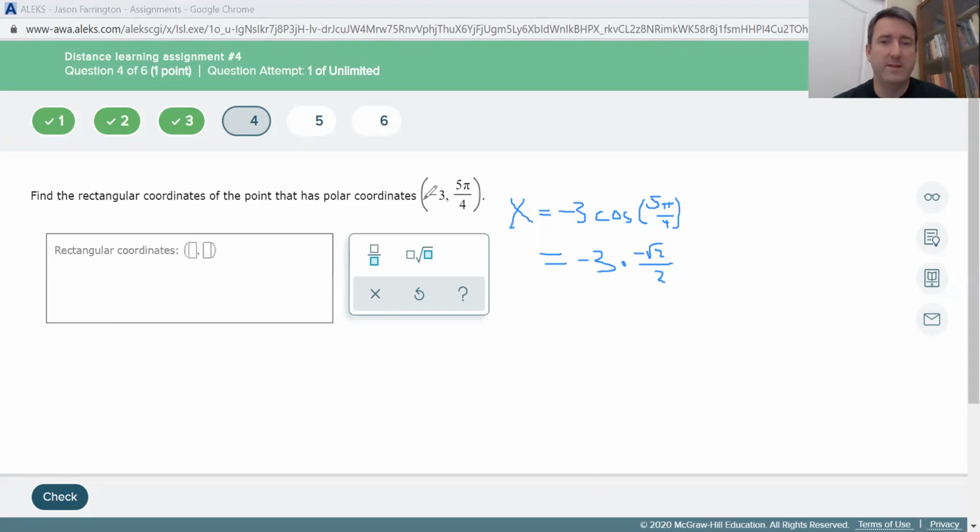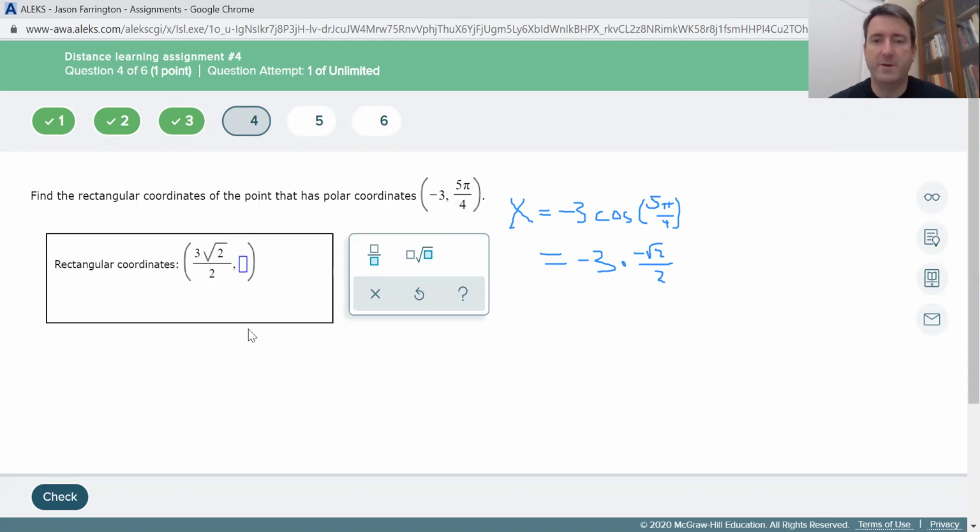So let's go over here and enter that. 3 square root of 2 over 2 is going to be our answer there for x.